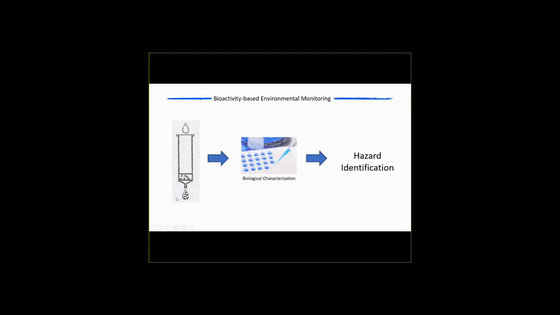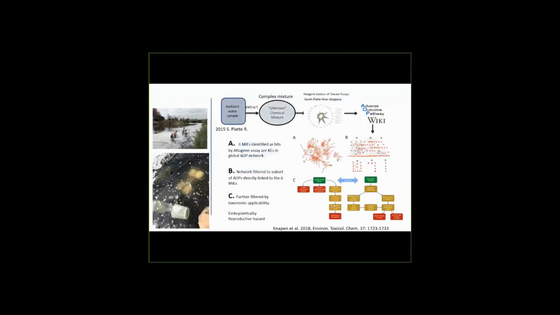And so we can take that extract, test it directly in various bioassays, such as high-throughput assays, and then we can use the adverse outcome pathway framework to associate these molecular level perturbations, these cellular perturbations, with potential hazard.